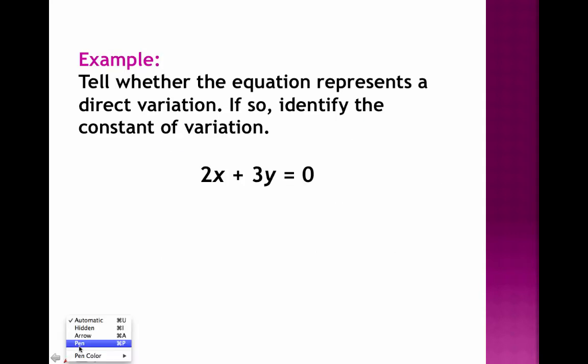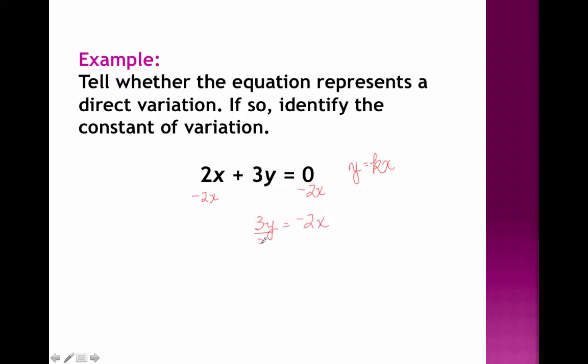So I want to know if this example represents a direct variation, and if so, to identify it. So I'm going to figure that out by solving for y. Remember, I need to know that it fits in the form y equals kx. Well, to do that, I need to isolate my y. So I'm going to subtract 2x from both sides, which gives me 3y equals negative 2x.